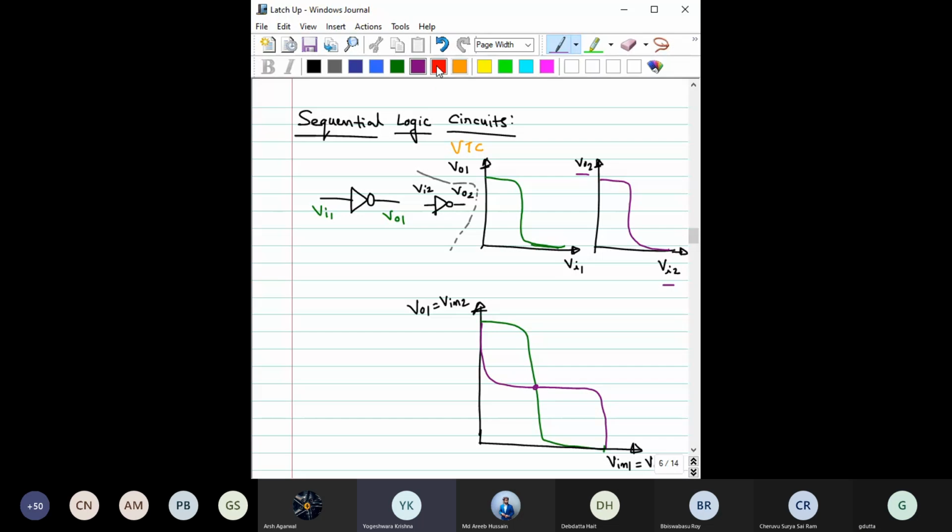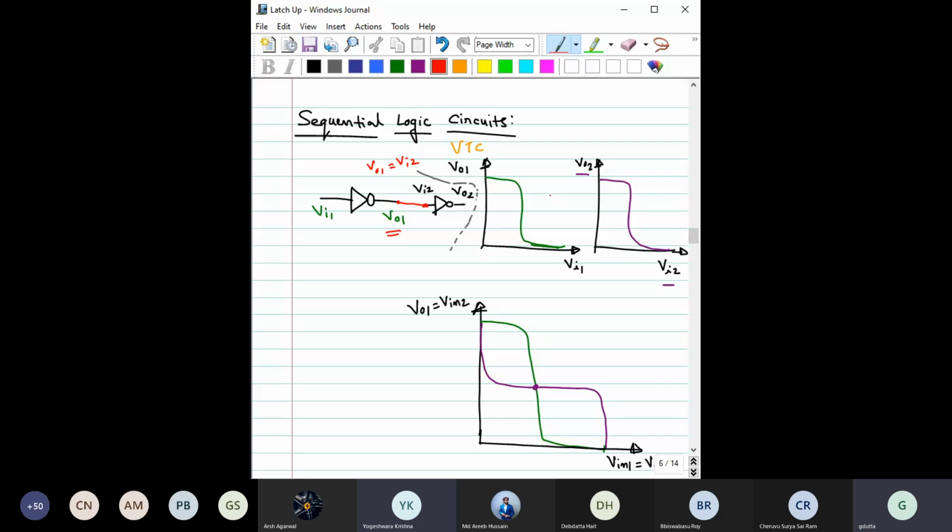Now I'm saying something here. I want to connect this, then VO1 becomes equal to VI2. And one more thing, I want to plot these two VTCs in a single plot like this.